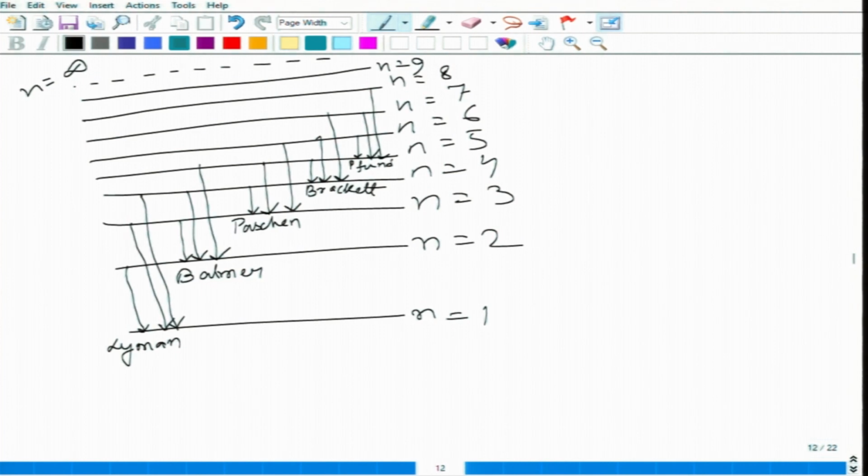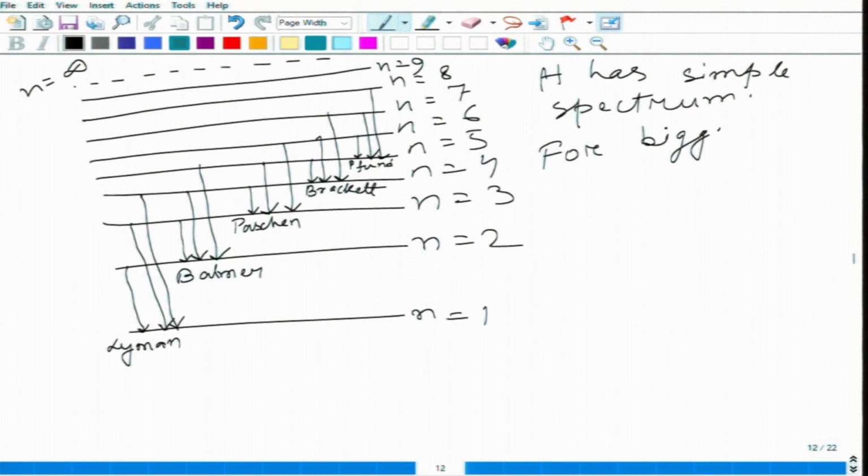Now hydrogen has a very simple spectrum. For bigger atoms, spectra become complex.